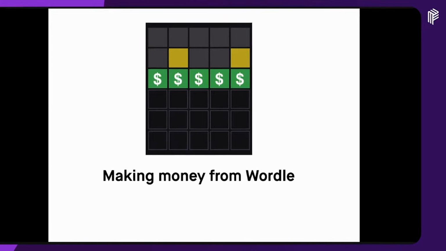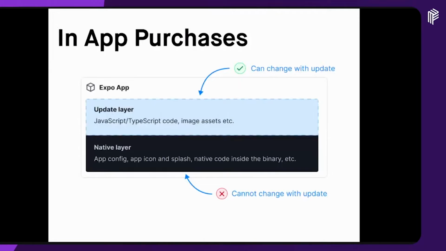So let's start to make money from Wordle as soon as possible and see what it'd look like to implement an in-app purchase. As I said before, in an app binary, we've got an update layer and a native layer. The update layer is all the things that can change at runtime, and the native layer are the more static things.